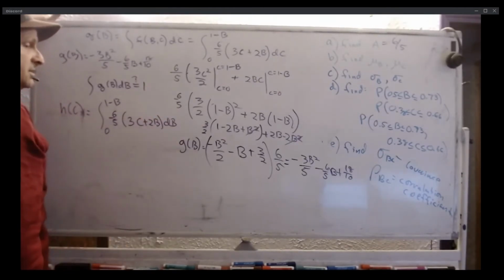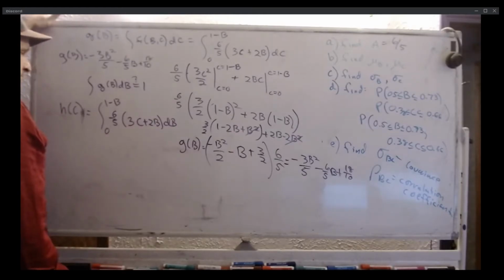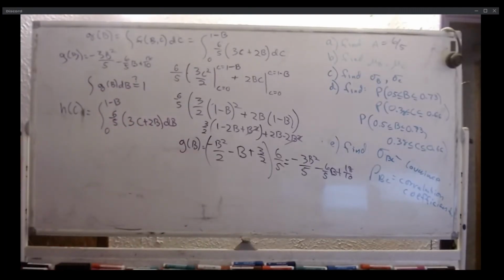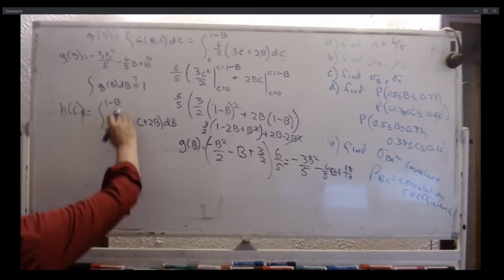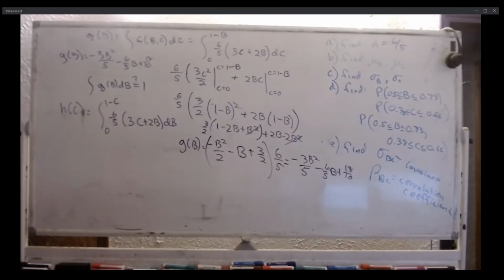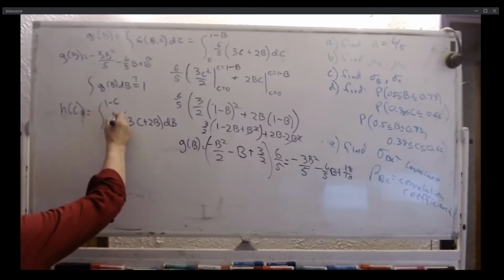We have to integrate the other variable out, guys. So what do we get? Wouldn't it be 1 minus C? Shout it out. Shouldn't it be 1 minus C, if you're integrating over B? Oh, yes. Good catch. That was a test to see if anyone was paying attention.